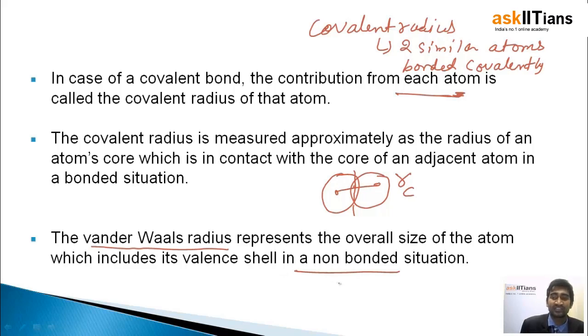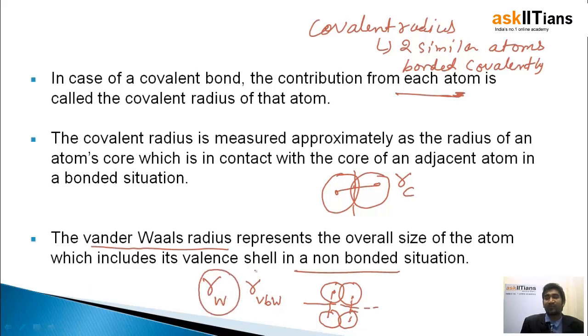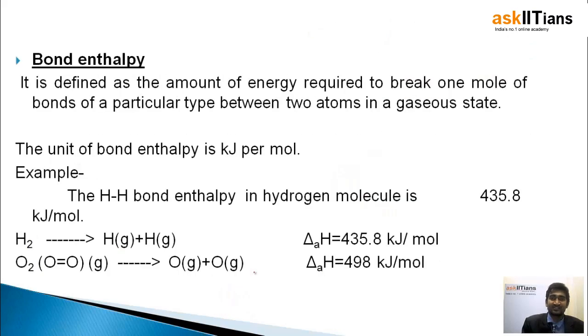For example, if AB is my molecule, then there will be another molecule AB here, and if I halve the distance between these nuclei, then this will be my R_vdW, the van der Waals radius, or just Rw sometimes. So you must have understood the difference between covalent radius and van der Waals radius.